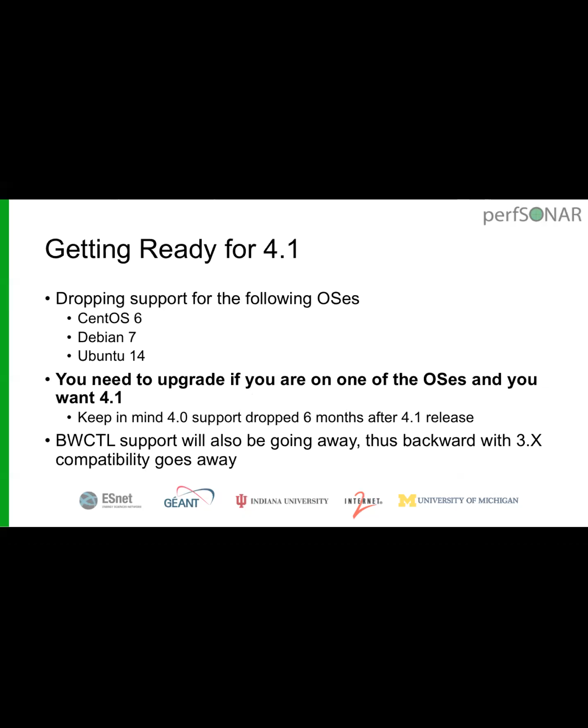ESnet's about to upgrade a bunch of our hosts to CentOS 7, but we are trying to understand that better. In particular, I was noticing it coming from CentOS 6 hosts to CentOS 7 hosts, a pretty consistent level of retransmits that you don't see in the other direction. So we're trying to understand those better.